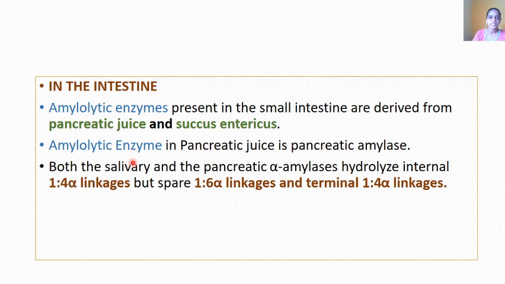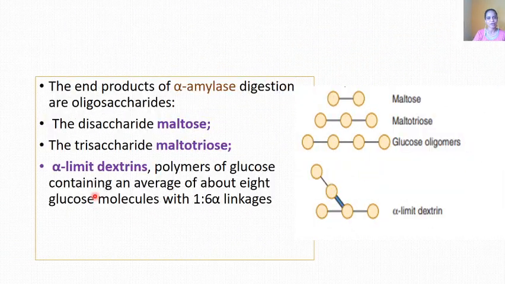Now, both salivary amylase present in the mouth and pancreatic alpha amylase secreted by the pancreas and present in the intestine can hydrolyze internal alpha 1,4 linkages, but cannot break alpha 1,6 linkages. Just like salivary amylase, pancreatic amylase can break only alpha 1,4 linkages.